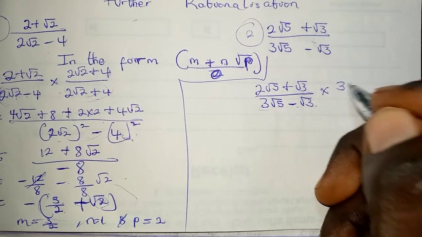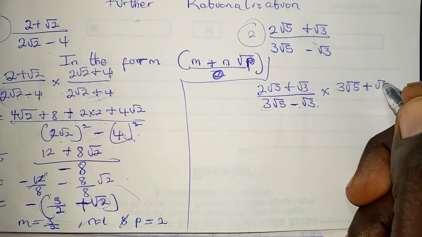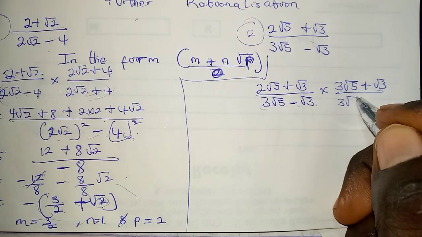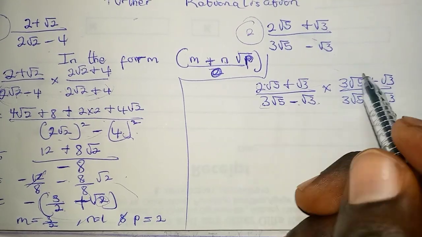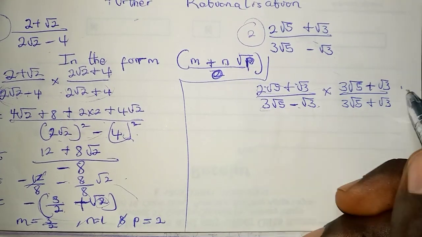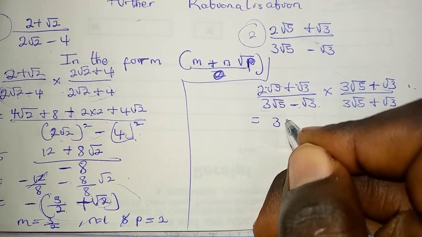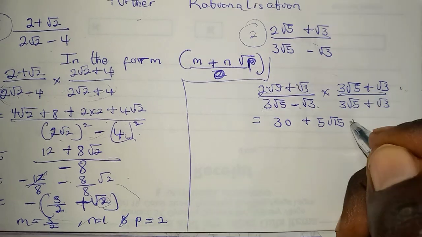The conjugate of this is going to give us root 5 plus root 3. Don't forget the sign will change. And also root 5 plus root 3. If you multiply it, simplify this times this times this, what we are going to get is 30 plus 5 root 15 plus 3.